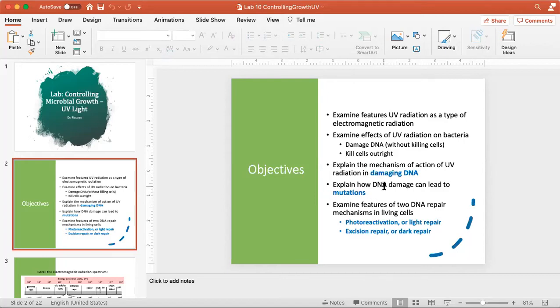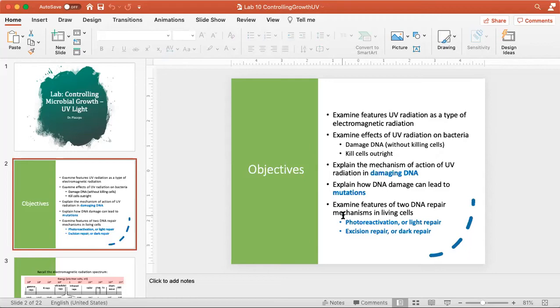And we're also going to talk about a couple of repair mechanisms that are found in bacteria, and also in other types of organisms. A couple of mechanisms that exist in these cells that can actually find damaged DNA and repair it.